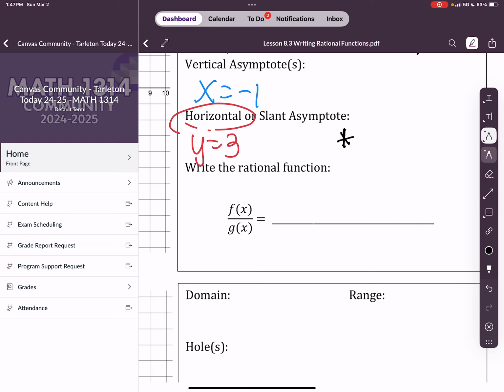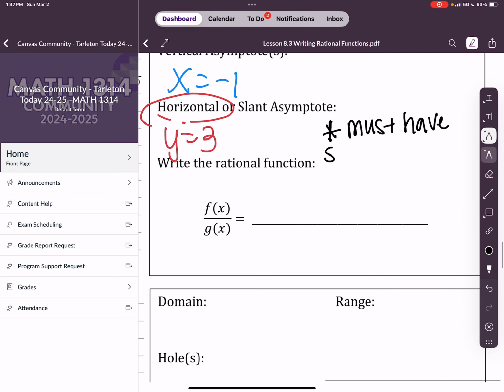Because there's a horizontal asymptote, that means it must have the same degree in numerator and denominator. The reason that it has to have the same degree is because we have a horizontal asymptote. All right, so now let's go ahead and write this bad boy.